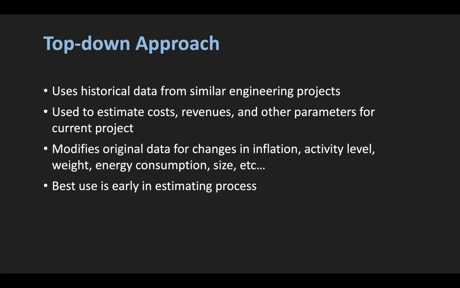You use the project to estimate cost, revenue, and other parameters for this current project, and you modify the original data for changes in inflation, activity level, weight, energy consumption, size, all the other aspects, and then you can generate a relatively not accurate, but a ballpark of the project, right? So you get a sense of the cost of the project.